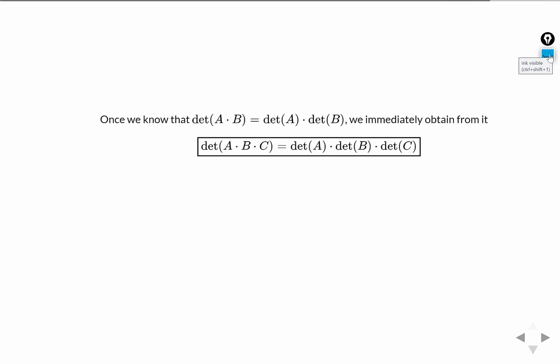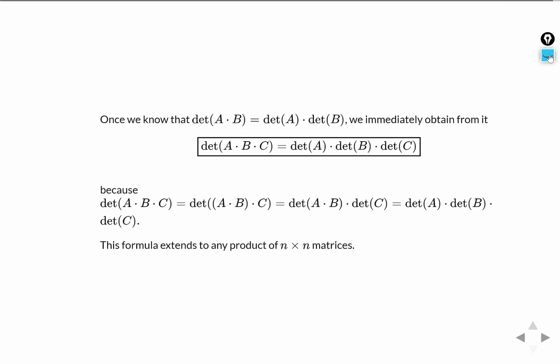Can we generalize this to more than 2 matrices? The answer is yes. We can generalize this to an arbitrary number of square matrices. Suppose we have A times B times C. We can simply consider A times B as a matrix and then write the determinant as the determinant of A times B times the determinant of C, and we can apply our determinant fact to now A times B, and then we successfully separate.